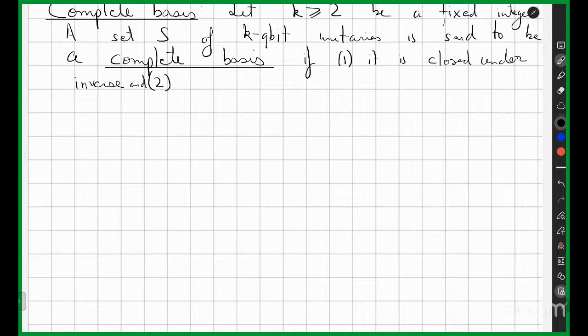And this is the more important thing. Basically, any unitary on K qubits is well approximated.